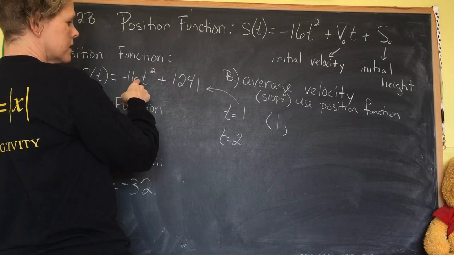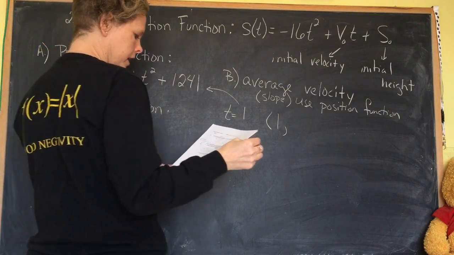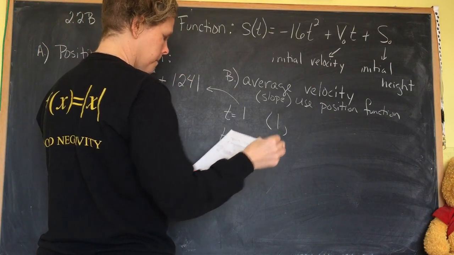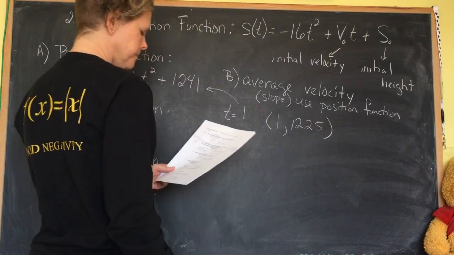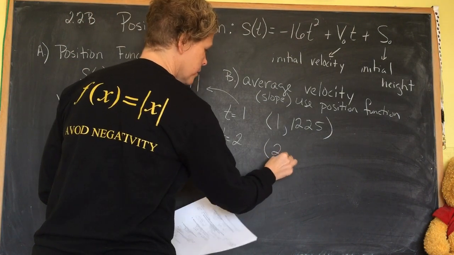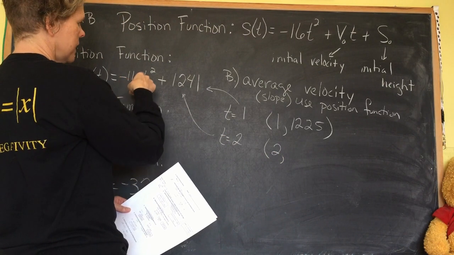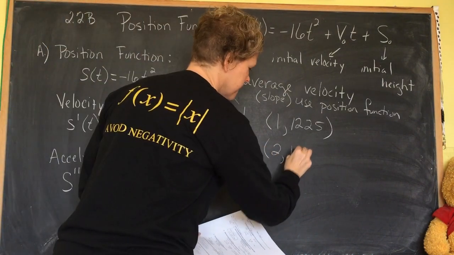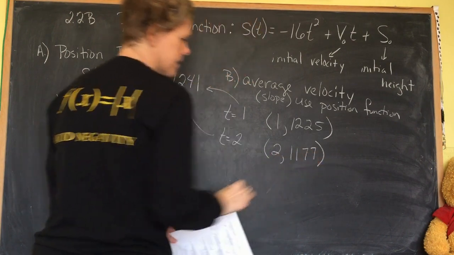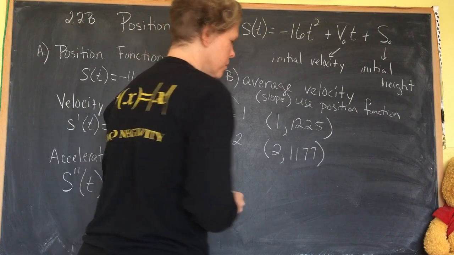So if you do negative 16 times 1 squared plus 1241, plug that in your calculator, I got 1225. And then you're going to take 2, you're going to plug that in your position function. So it's negative 16 times 4 plus 1241, and I got 1177. So now all I'm doing is algebra. I'm just finding the slope between those 2 points.